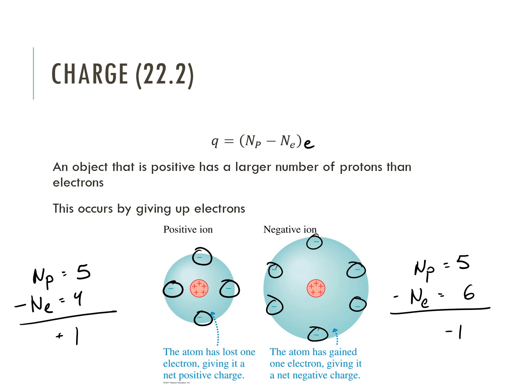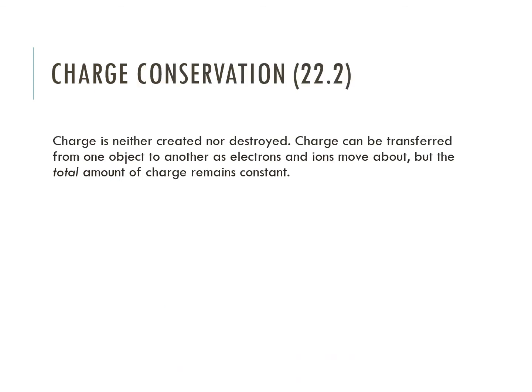So there are some rules that have to be happening in order for charge to behave accurately, and that is that charge is conserved. Charge is neither created nor destroyed. Charge can be transferred from one object to another as electrons and ions move about, but the total amount of charge remains constant.